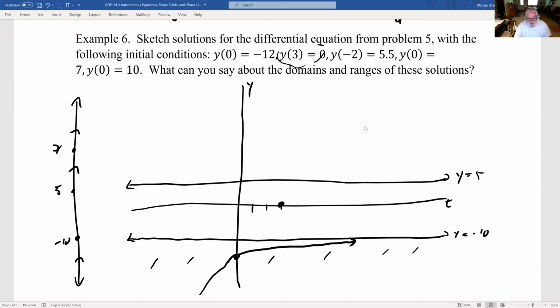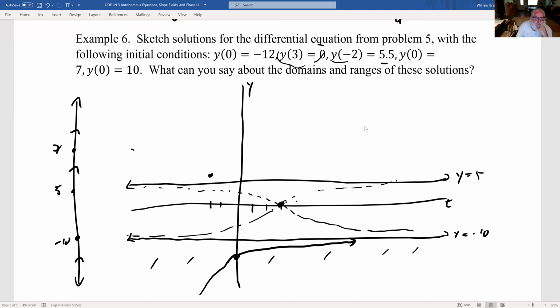One is that you could go up and down like that. The other one would be that you would go like that, depending on whether the sign here in between minus 10 and 5 is positive or negative. y of minus 2 equals 5.5 means starting at about here.